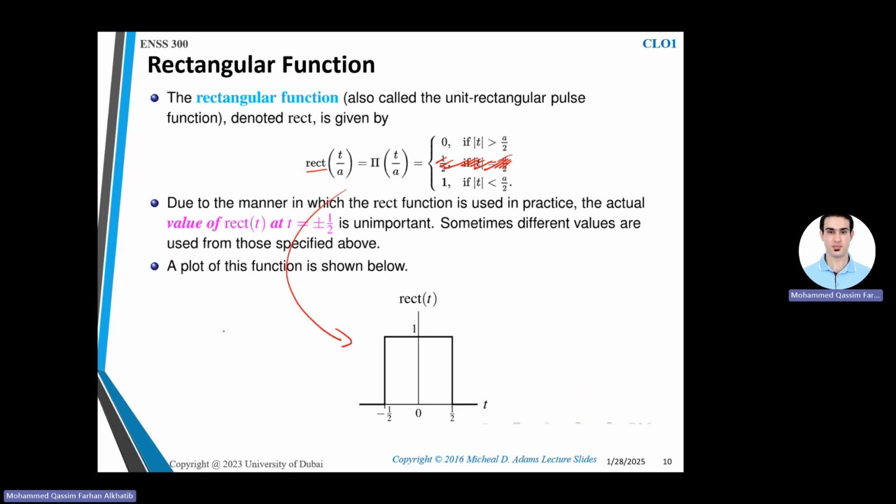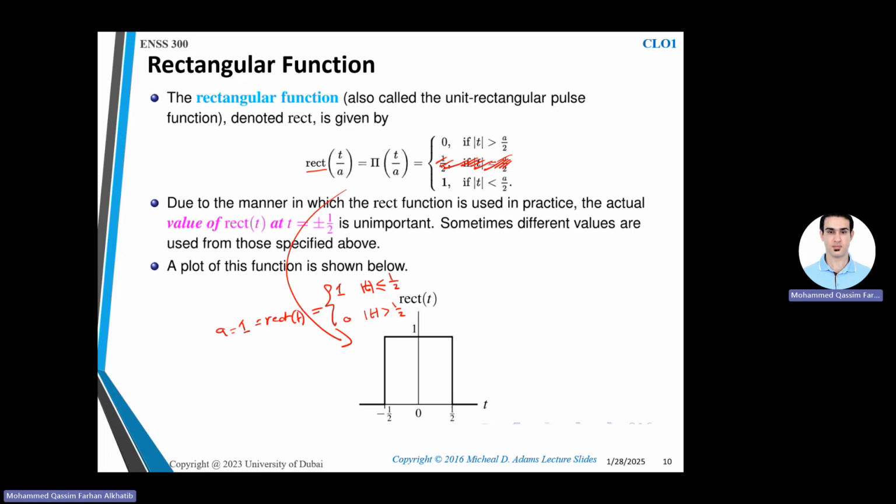So basically, if my value of a equals 1, in this case, I have rect of t. And if I follow that expression, I'll have the value 1 for absolute value of t less than 1/2, and 0 for absolute value of t larger than 1/2, and I can put the equality sign anywhere.